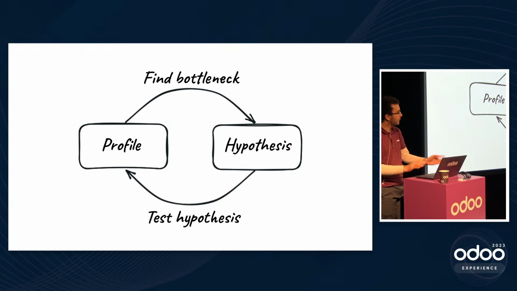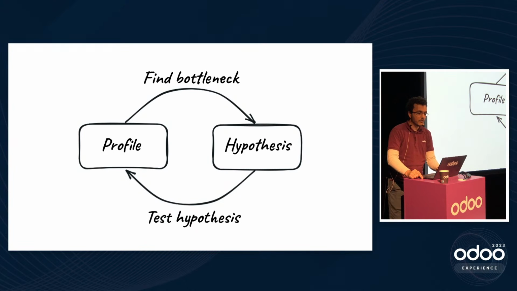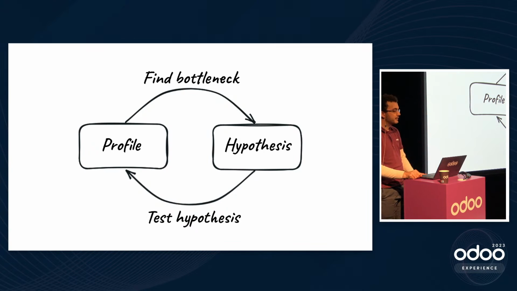And here's a schematic representation of what we do. We profile the code and we find a bottleneck. Usually when you run the Odoo profiler, if it's an SQL bottleneck, you'll find a long row with the SQL query in it. You know that this query is slow. So you look at it and you try to make hypotheses about what to do to improve its performance. Maybe we add an index, maybe we rewrite the query for it to be faster.